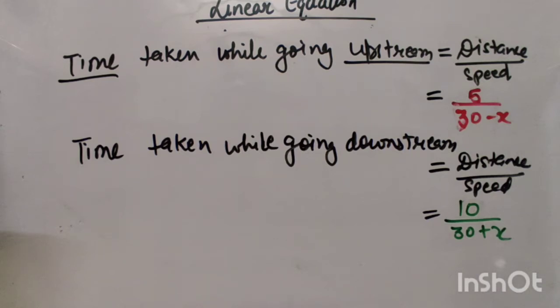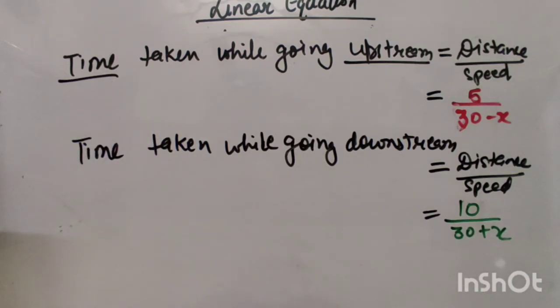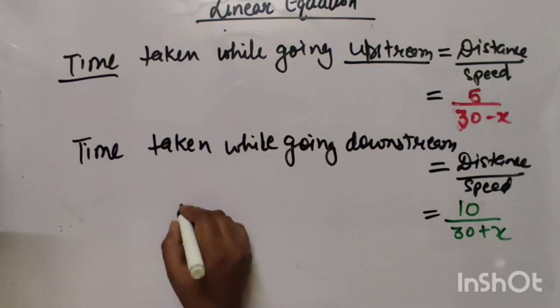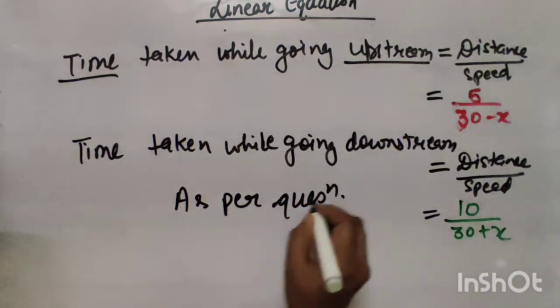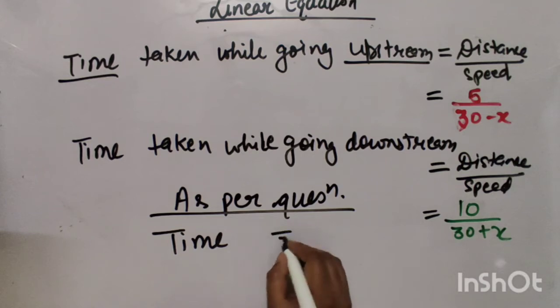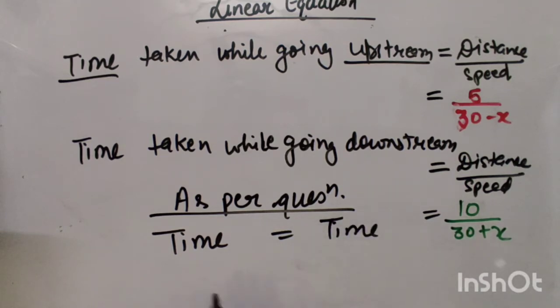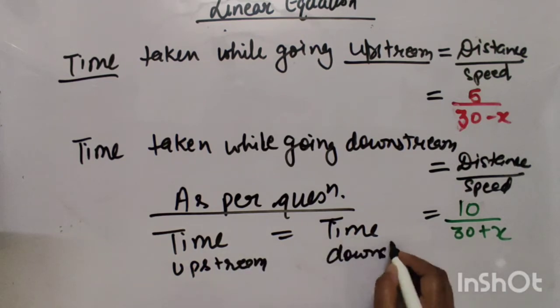So here you can see that both while going upstream and while going downstream, in both the cases we have the time, and as per the question the time taken was the same. So as per the question, time equals time in both the cases, upstream and downstream.